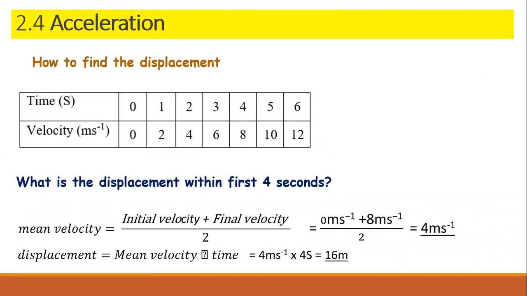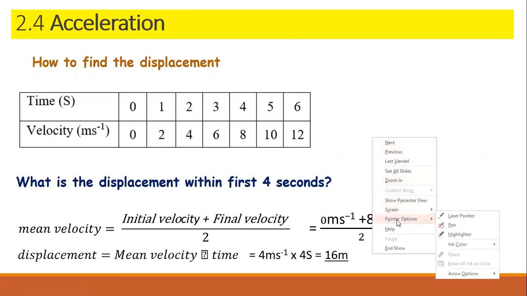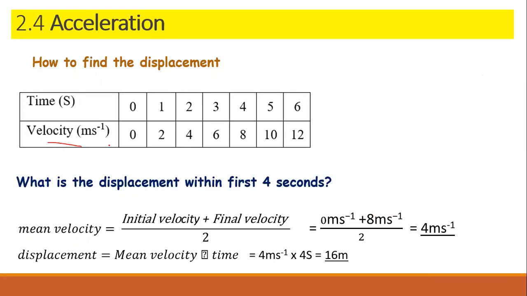So here there's a way to find it. We saw that the velocity is changing always. But we know that the equation for velocity is displacement divided by time.